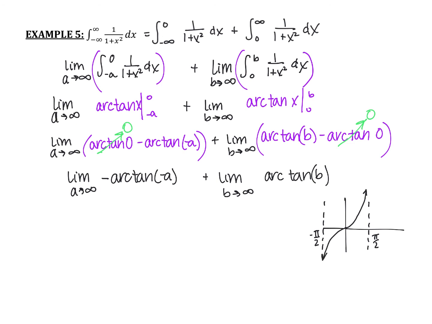So where is it that the tangent approaches infinity? Well, looking at my graph, I know the answer to this is pi over 2. This one is pi over 2. And therefore, the sum of those two is pi. And this converges. So that's the start of our improper integrals.